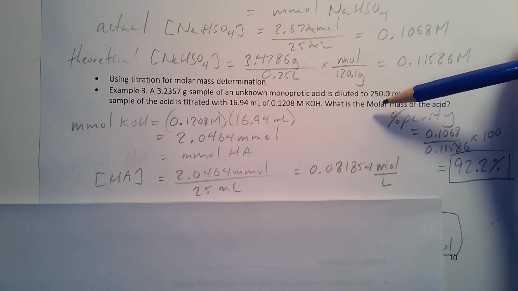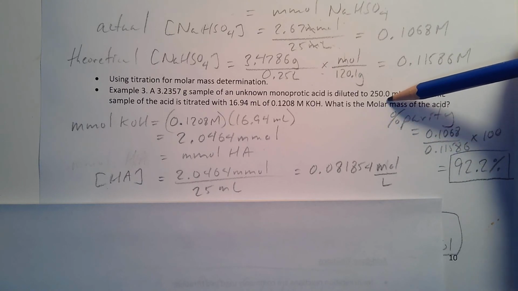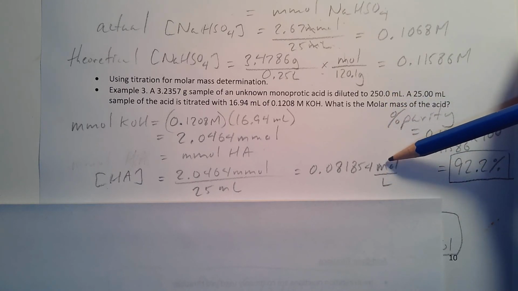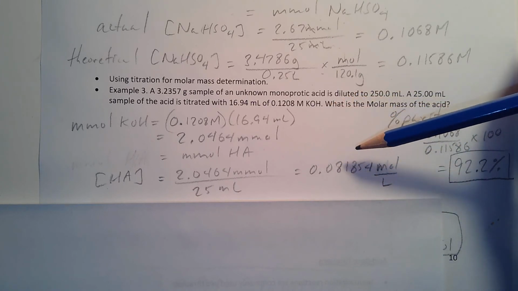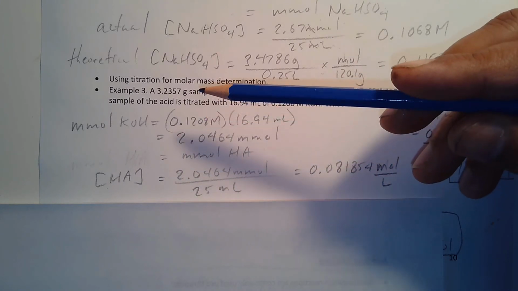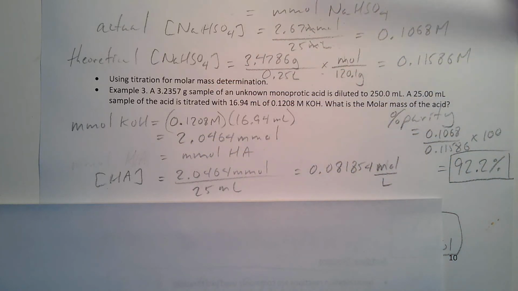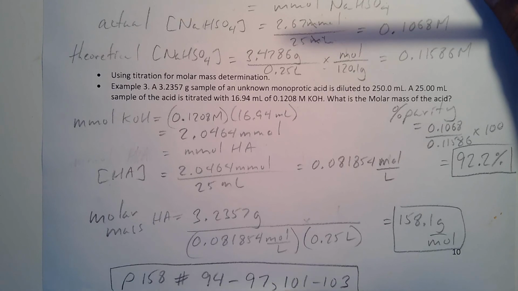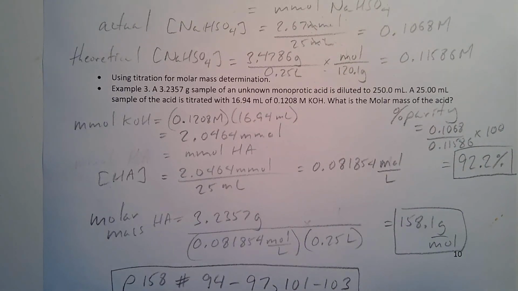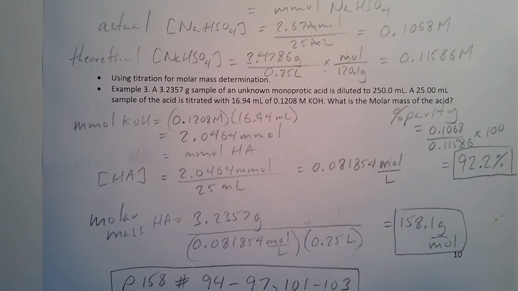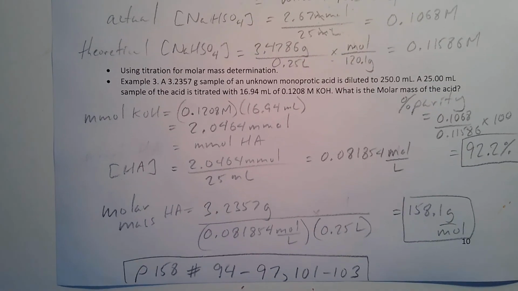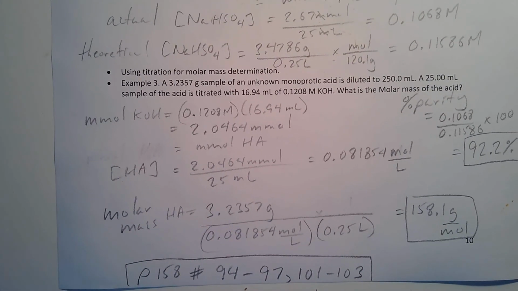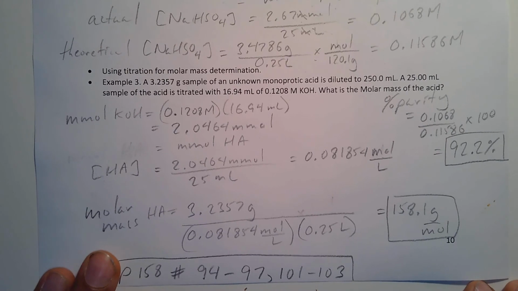So we can change that to liters and multiply these two to get moles. Then remember what molar mass is, grams per mole, so you take the mass there and divide it by the moles. That's the mass divided by the moles, and that gives you 158.1 grams per mole.